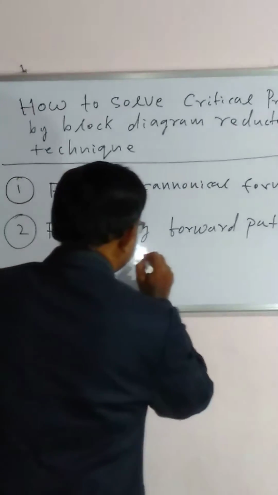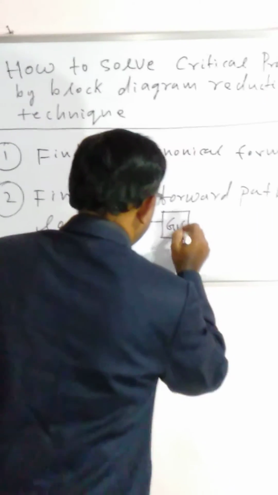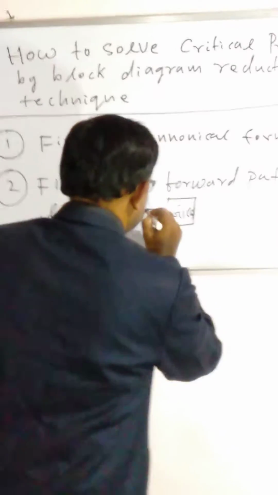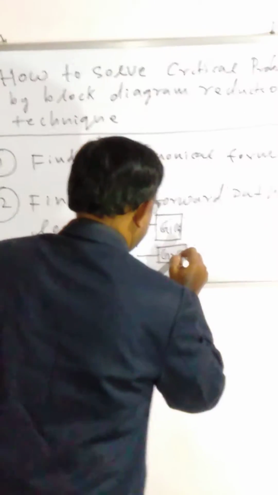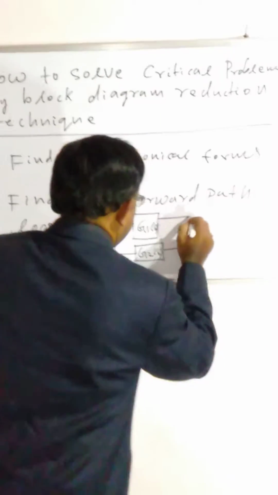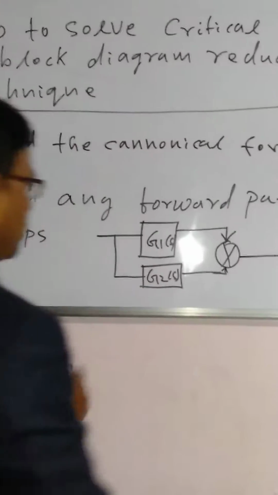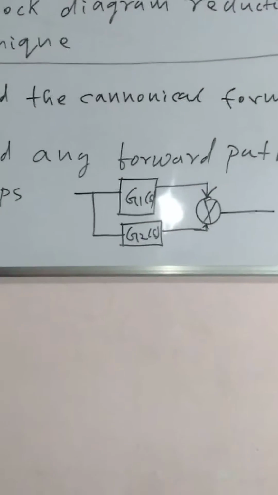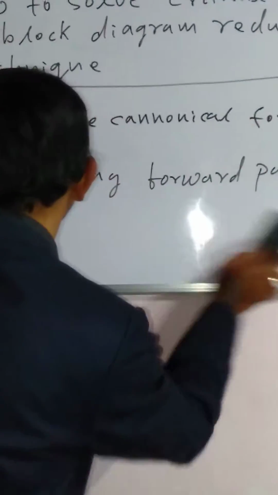So this is the forward path, that is G1 of S, and this is G2 of S, like this. If there are any forward path loops, then you solve the forward path loops. This is step 2.